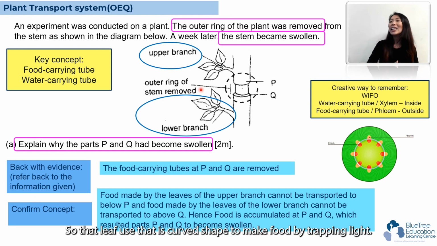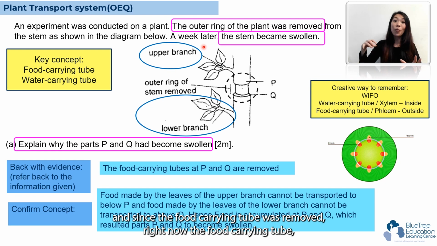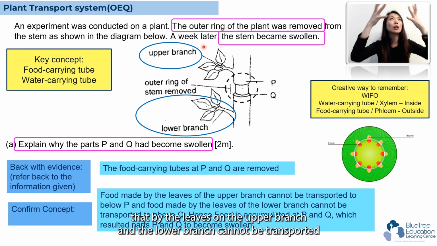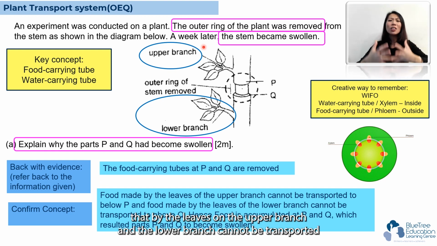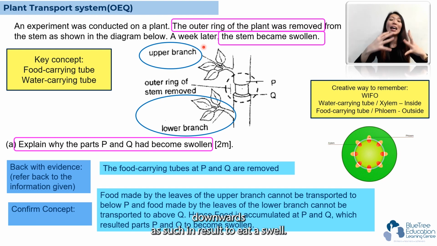The leaf uses its chlorophyll to make food by trapping light. Since the upper branch has leaves and the lower branch also has leaves, and since the food carrying tube was removed, the food transported by the leaves on the upper branch and the lower branch cannot be transported upwards and downwards. As such, it resulted in a swell.